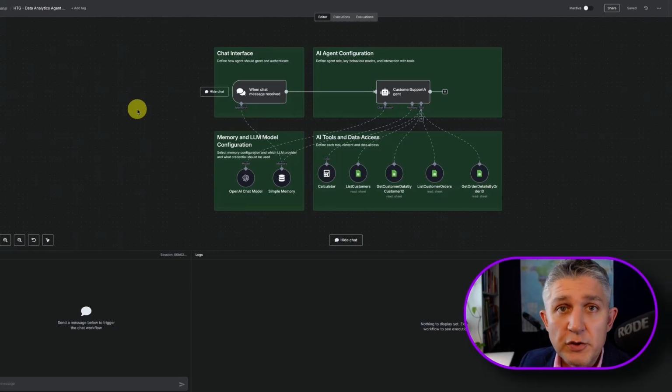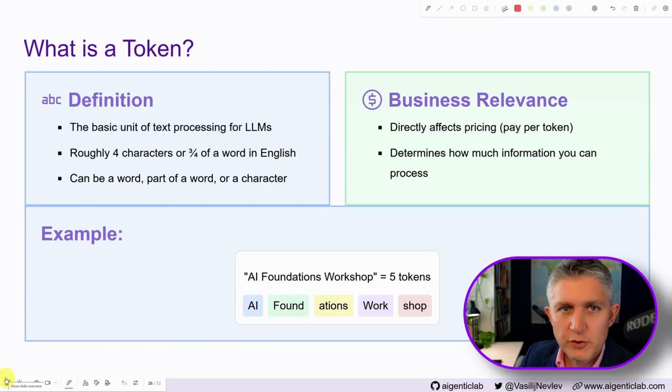In my explanation of large language models and ChatGPT, I used various other words like tokens, where I explained that generative AI, such as large language models, is trained to predict tokens. So what is a token? A token is a basic unit of processing for large language models, which is about three-quarters of a typical word in English.